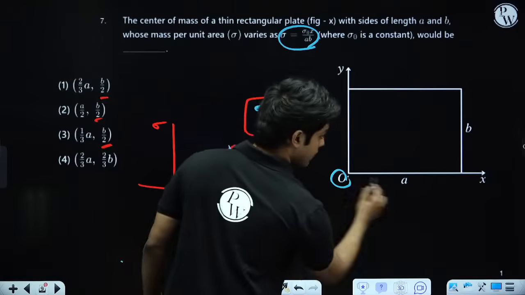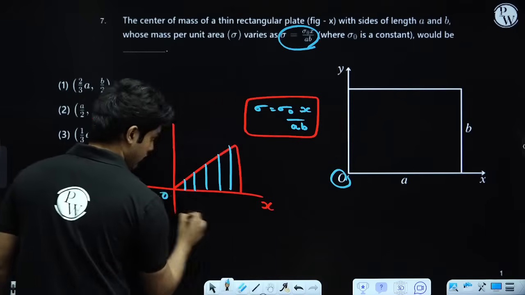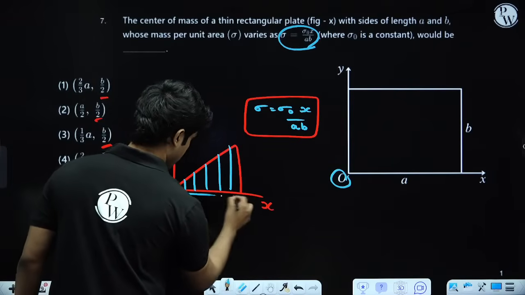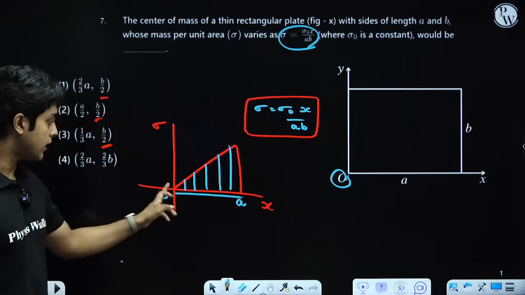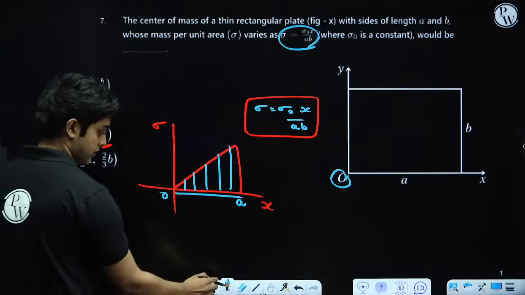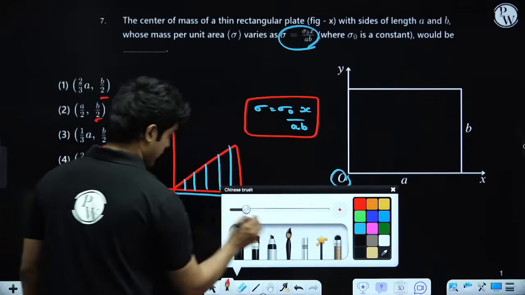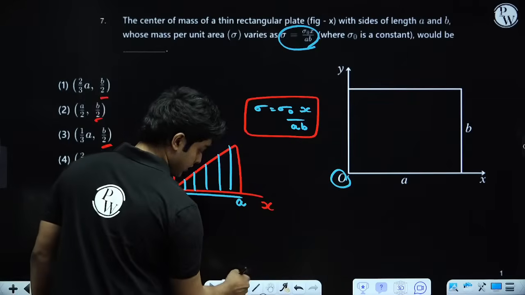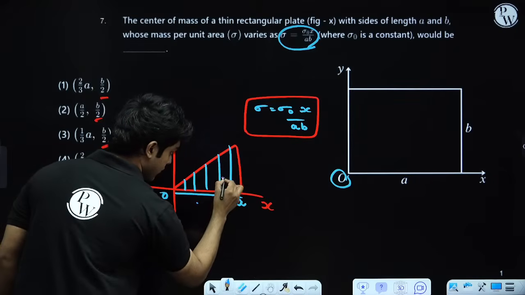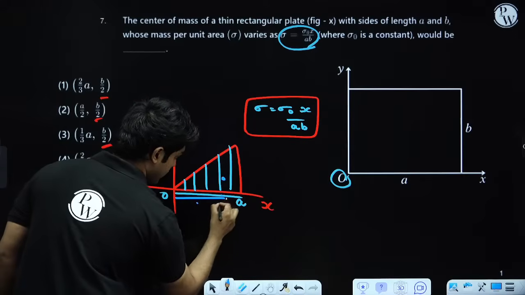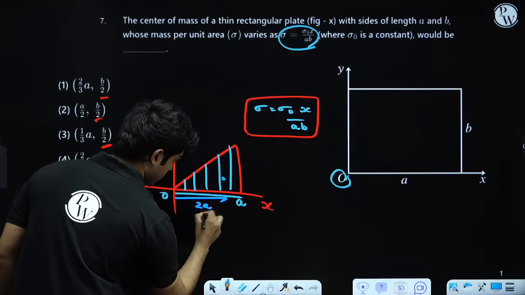If the base is a, so this is the origin, this is (a, 0). In a right triangle, if you have learned, the centroid lies at 2a/3. The x coordinate of the centroid is 2a/3.